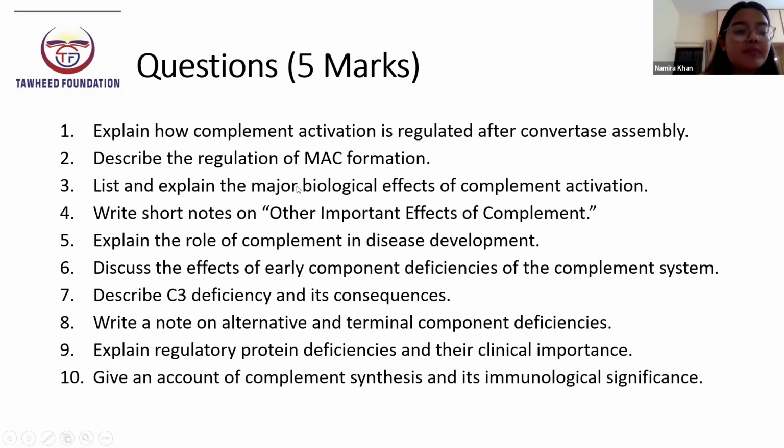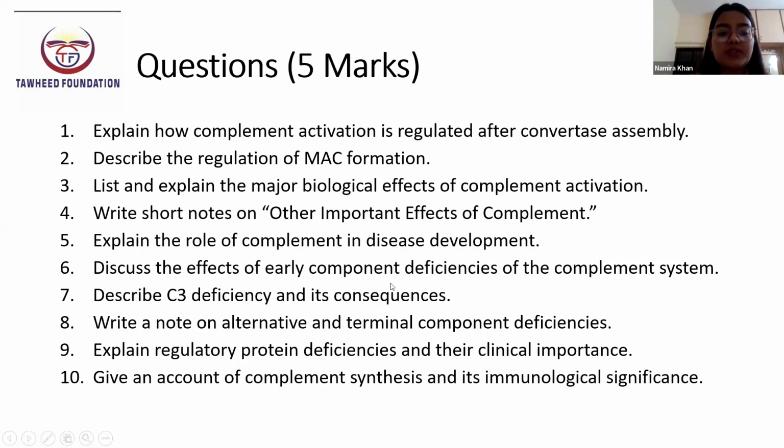Questions for 5 marks. First, explain how complement activation is regulated after convertase assembly. Second, describe the regulation of MAC formation. Third, list and explain the major biological effects of complement activation. Fourth, write short notes on other important effects of complement. Fifth, explain the role of complement in disease development.